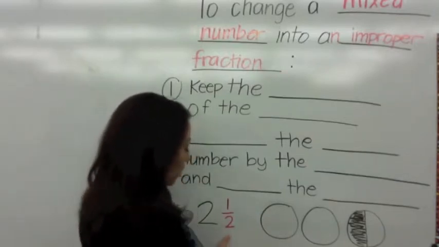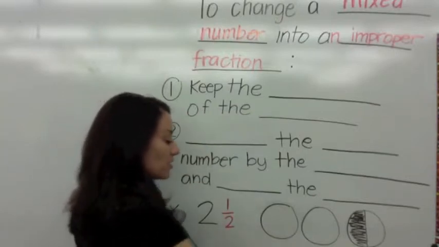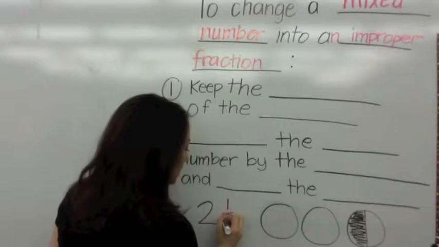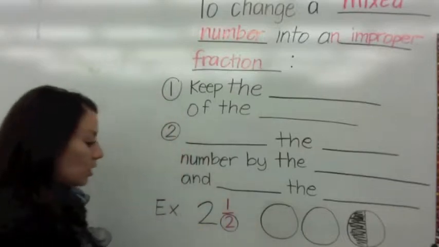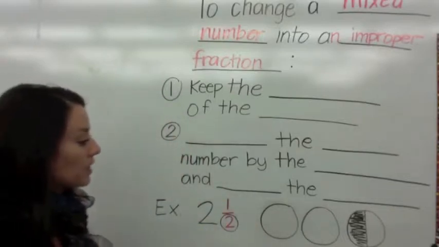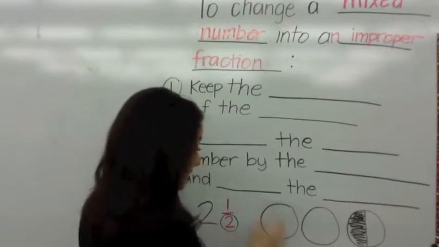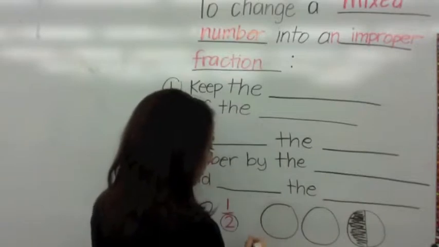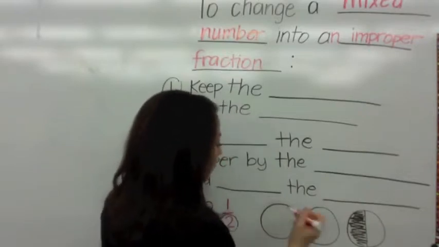Okay, so let's take a look at 2 and 1/2. Now we're dealing with halves. That's the fraction. So circle the bottom of the fraction. It tells you the size pieces you're working with. Now if you look at this drawing, I'm going to color the whole thing in with red.